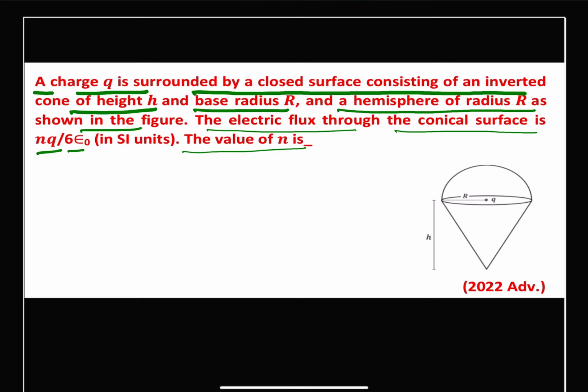We are having an inverted cone and a hemisphere, and there is a charge q right at the center, and the radius of the cone as well as the hemisphere is same, and height of cone is given as h.